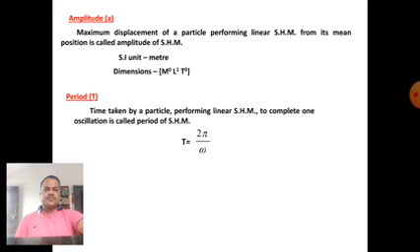T is equal to 2 pi upon omega. This expression was already explained in circular motion.